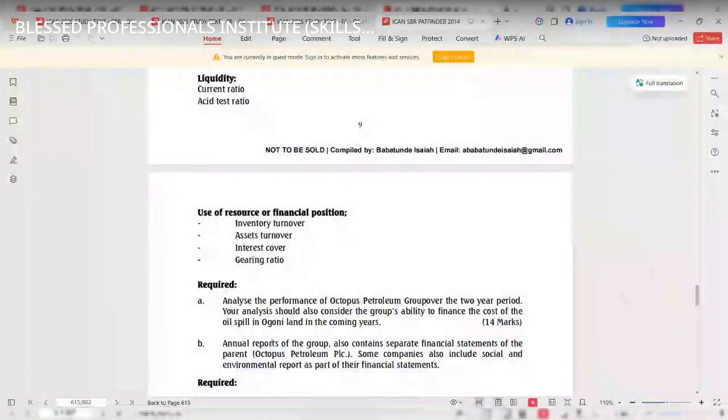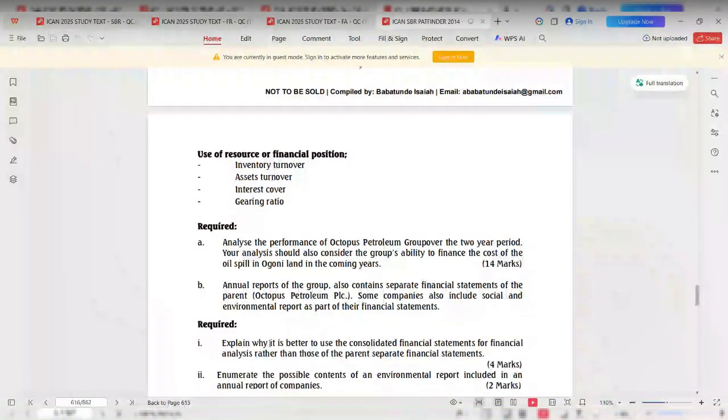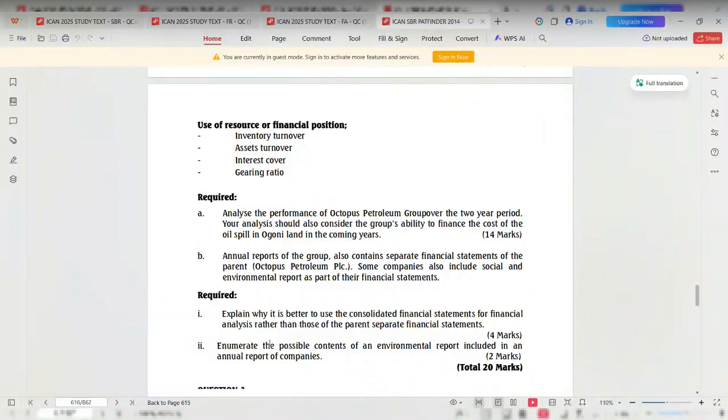Some companies also include social and environmental reports as part of their financial statements. Explain why it is better to use the consolidated financial statement for financial analysis rather than those of the parent's separate financial statements.